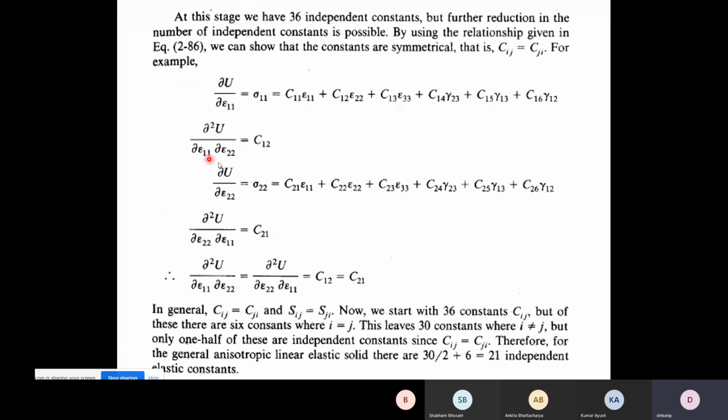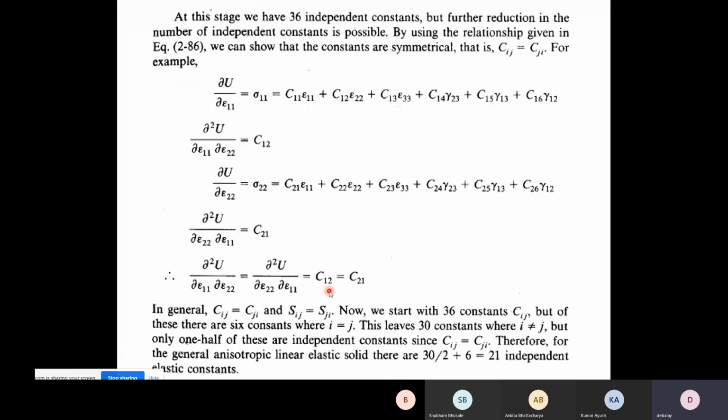Here, taking a double derivative with respect to epsilon 2 you will get C12. If you take the first derivative with respect to epsilon 2 and the next derivative with respect to epsilon 1 you will get C21. Since the double derivative of U with respect to strains 1 and 2 equals the double derivative with respect to 2 and 1, these two terms are also equal.